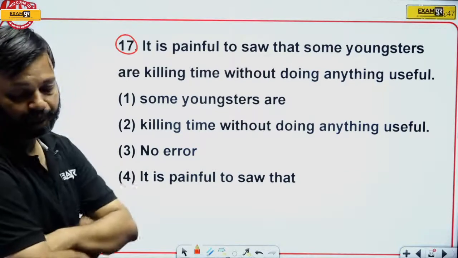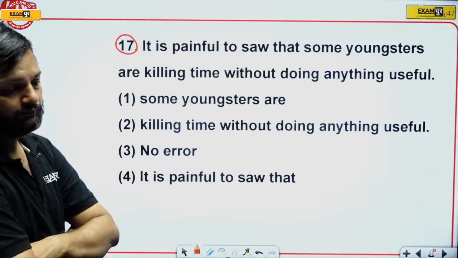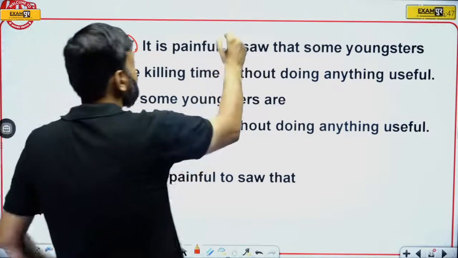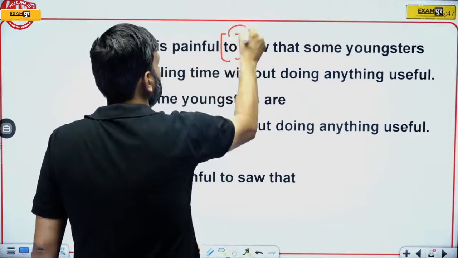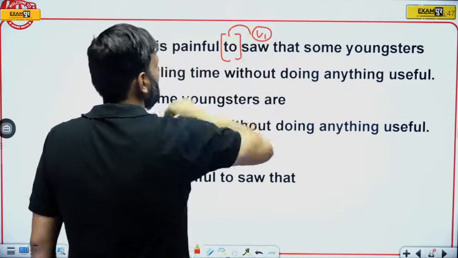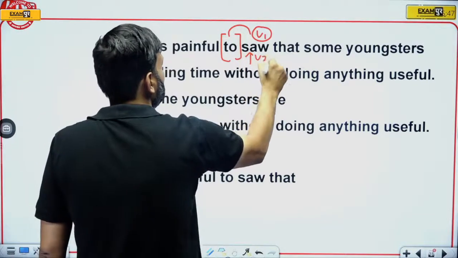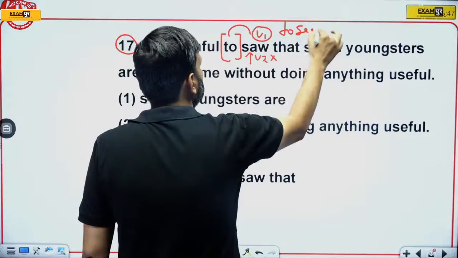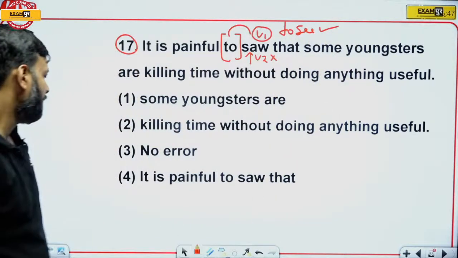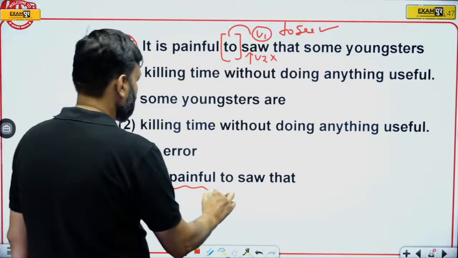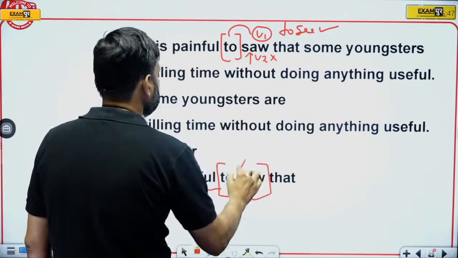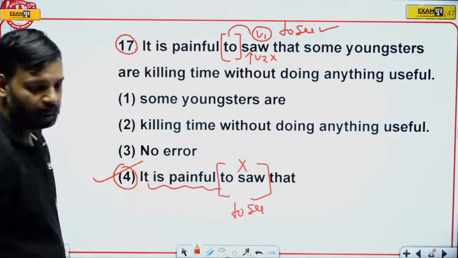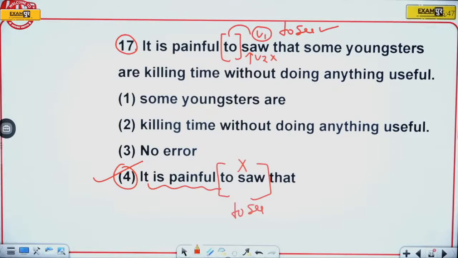See, to is always followed by V1, and as you can see here we have the second form of verb, which is wrong. So in place of to saw we need to see. In the fourth part we have "to saw", which is wrong. So the answer is the fourth part.